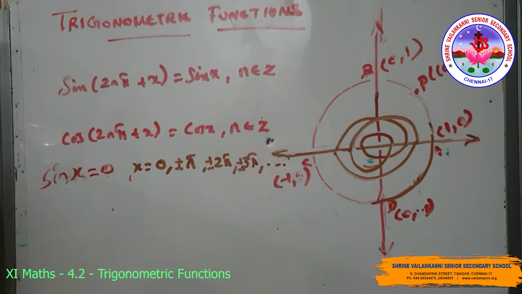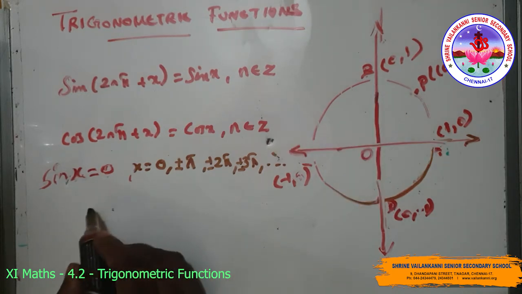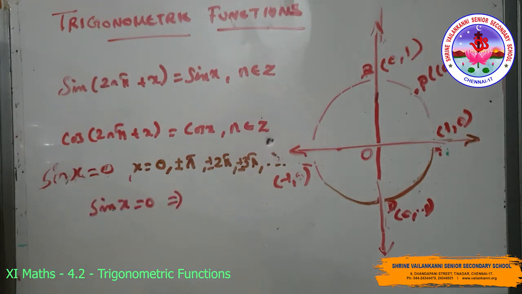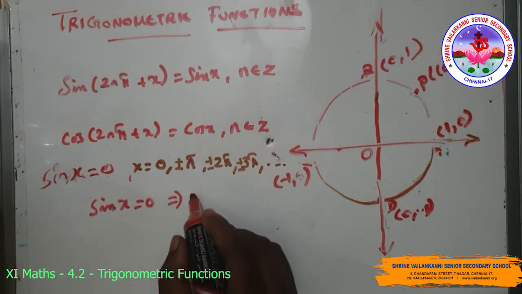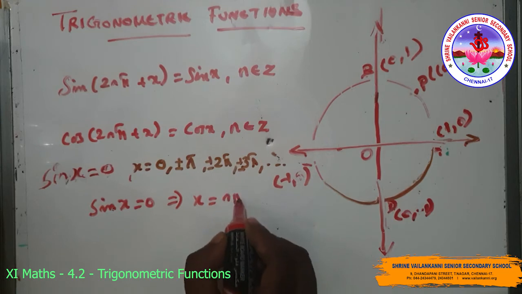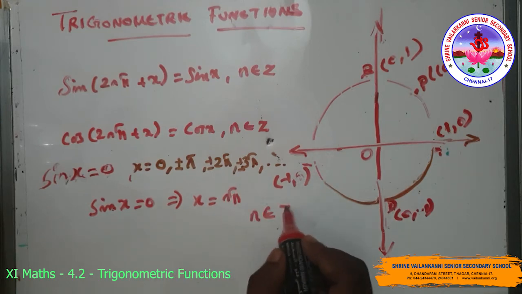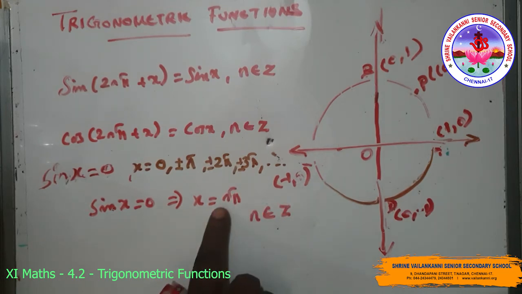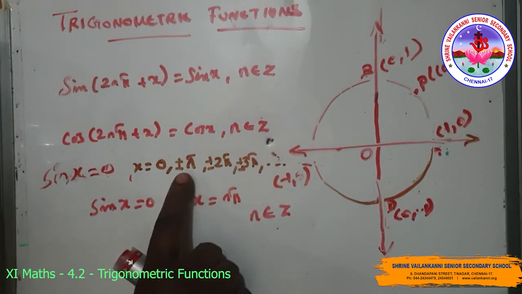That is when x is an integral multiple of pi. So we can write this as sin x is 0, which implies x is equal to n pi, where n is an integer.